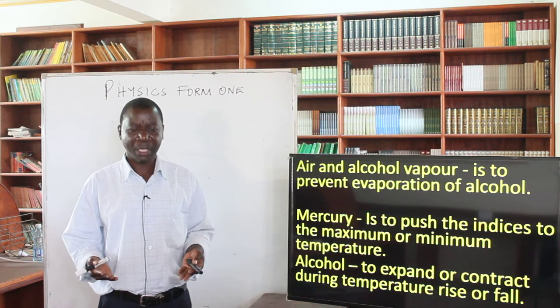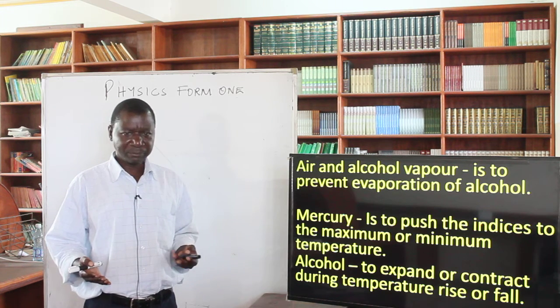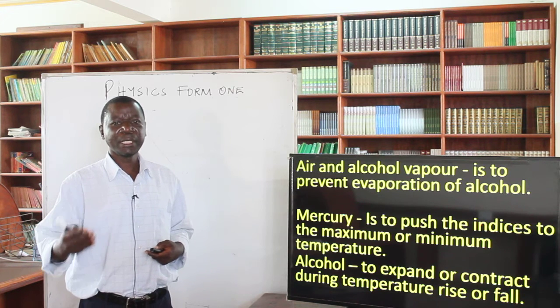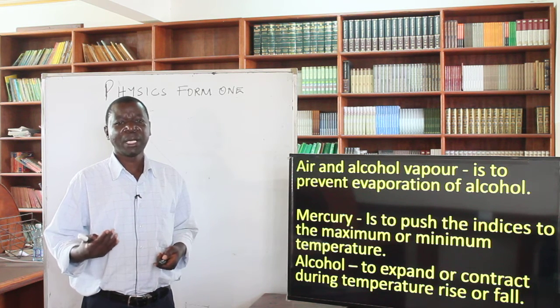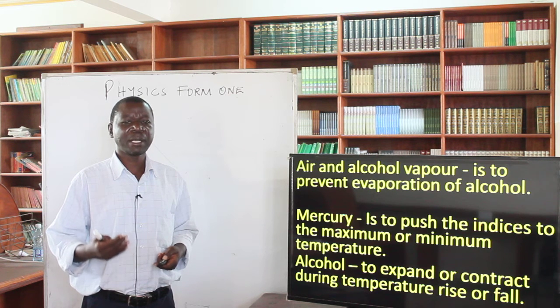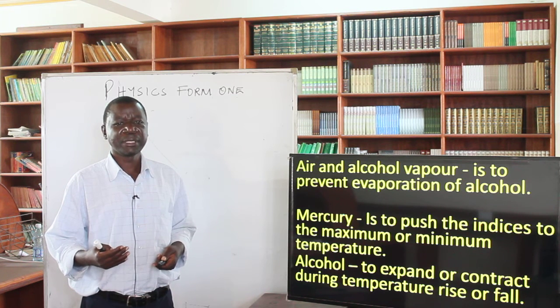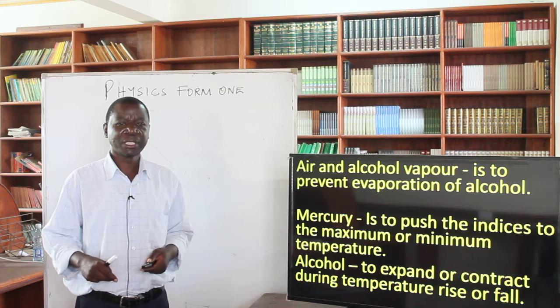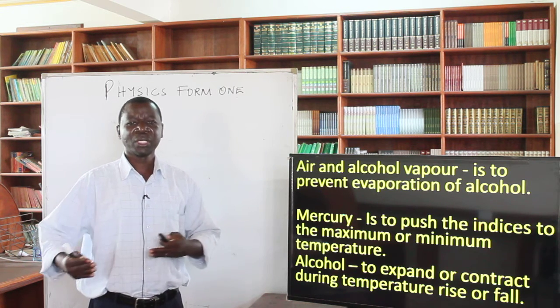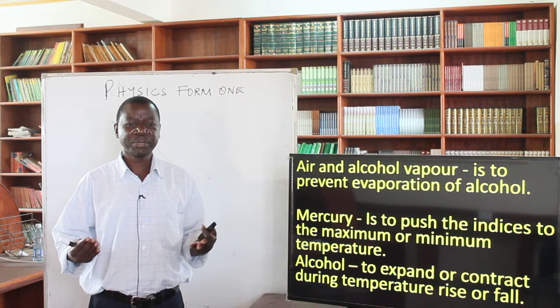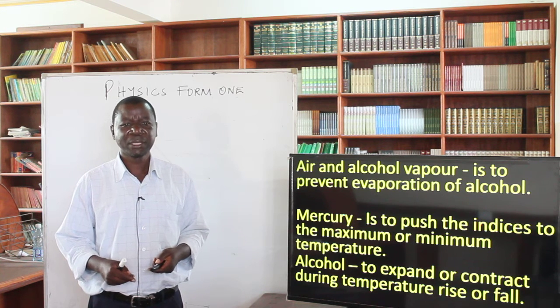And when the alcohol contracts, it retreats back, and the mercury is also pushed back, pushing the index B to read the minimum temperature. So the work of mercury is simply to push the indices so that we get the temperatures that are required for that day.